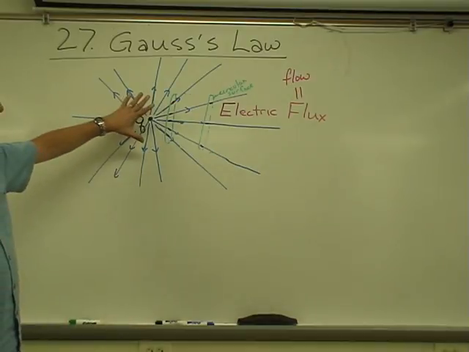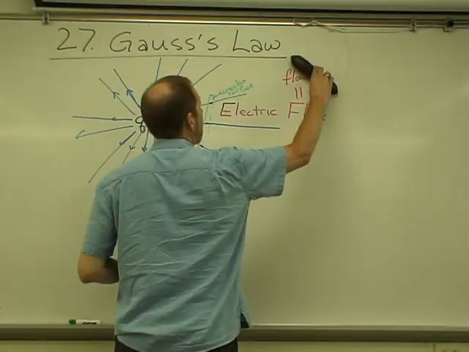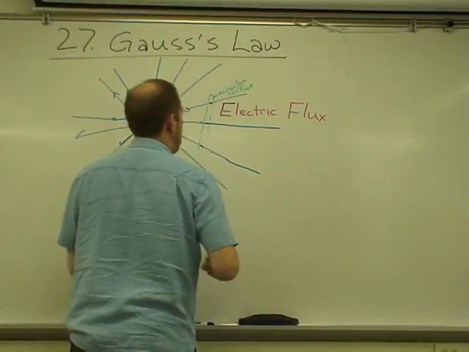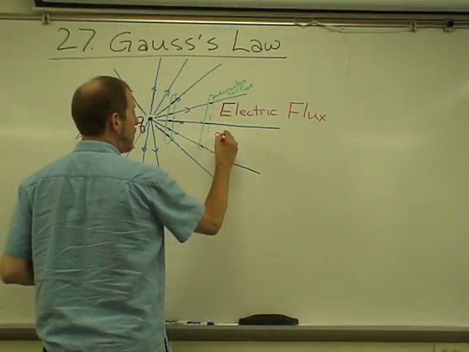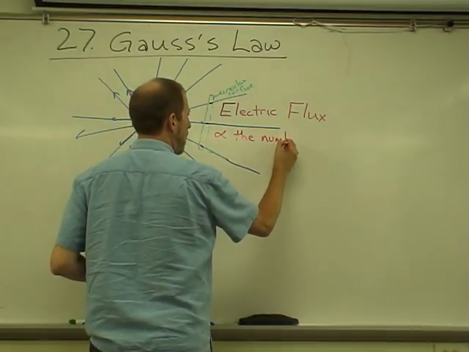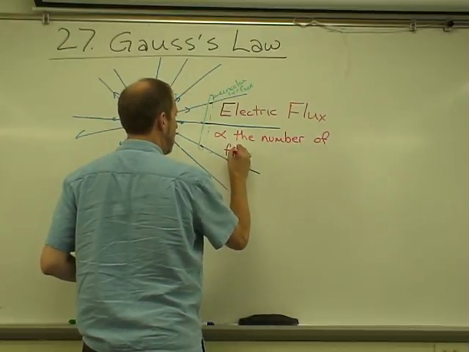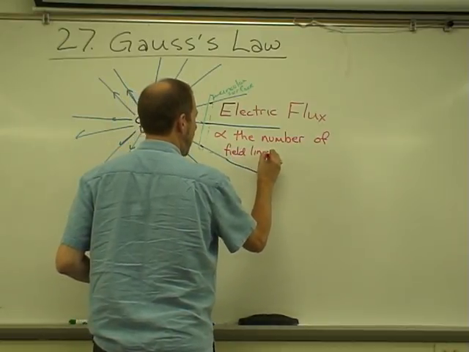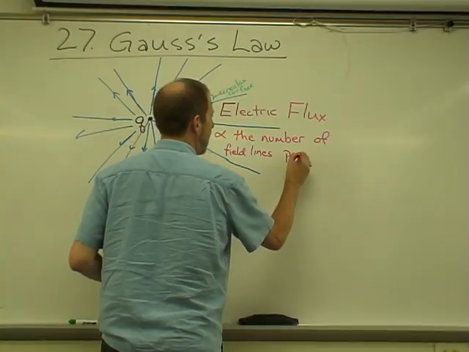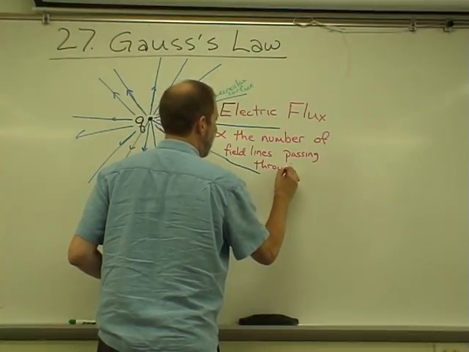So it has to do with the number of field lines. So let us say it is proportional to the number of field lines passing through that point.